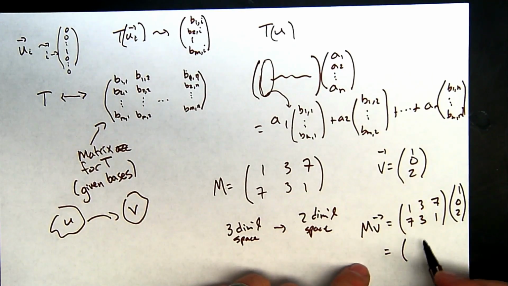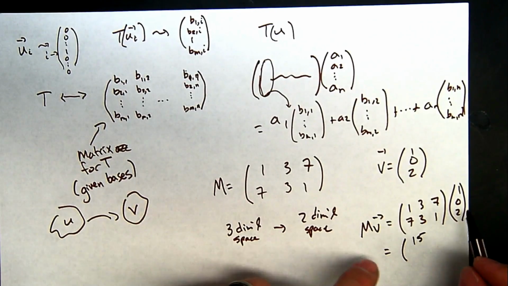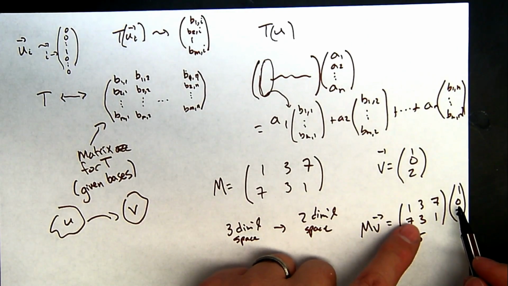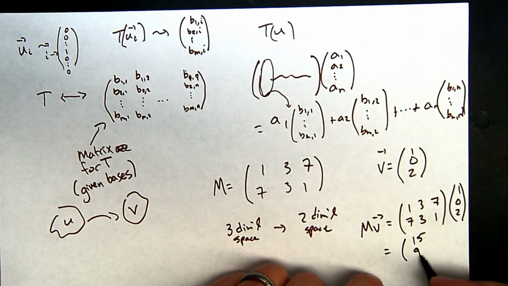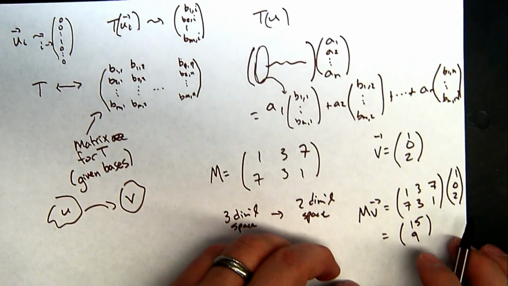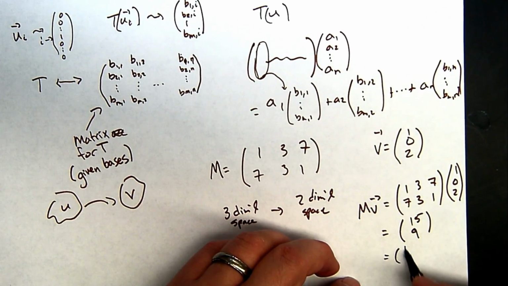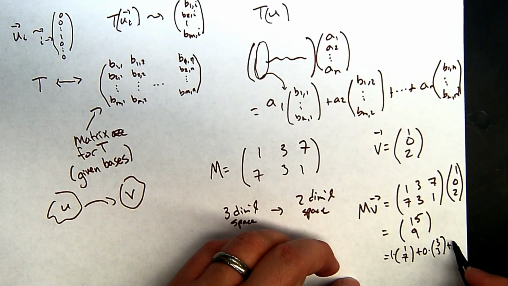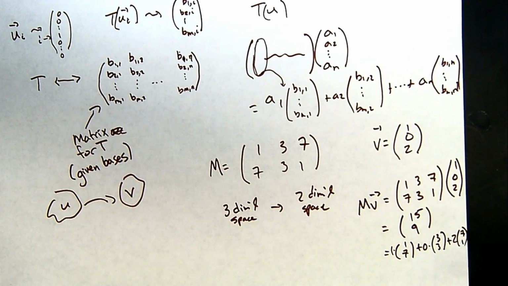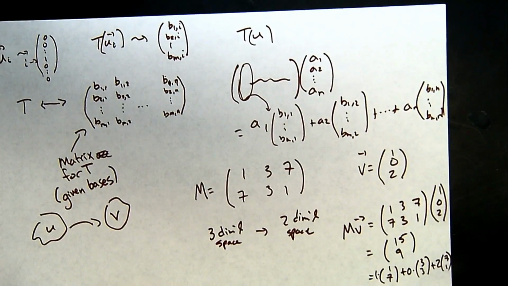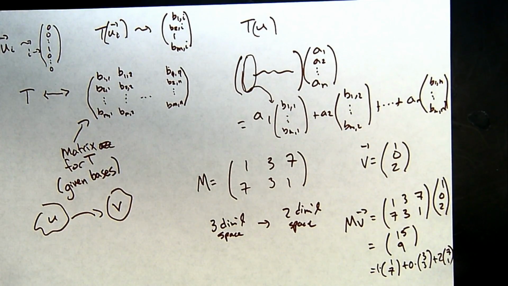So it's 1 times 1 plus 3 times 0 plus 2 times 7. That would give you 15. 1 times 7 plus 3 times 0 plus 1 times 2 would give you 9. But you could have alternatively just said, okay, this is the first column times 1, the second column times 0, and then the third column times 2, and then if you combine those together, you'll get 15, 9.